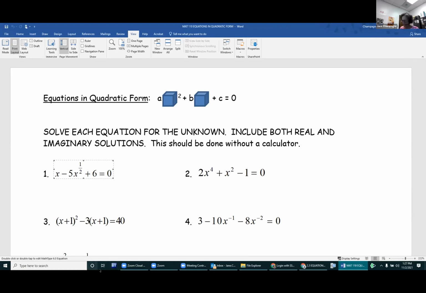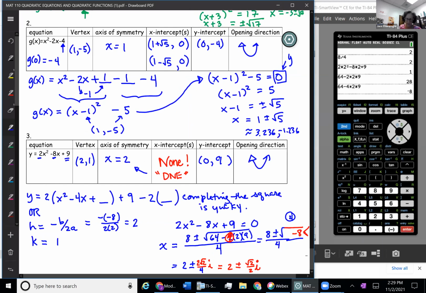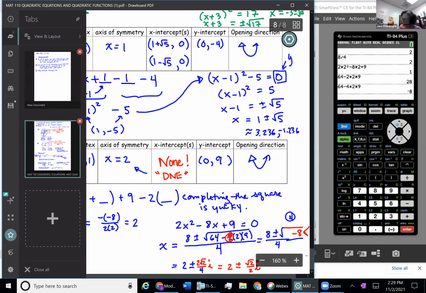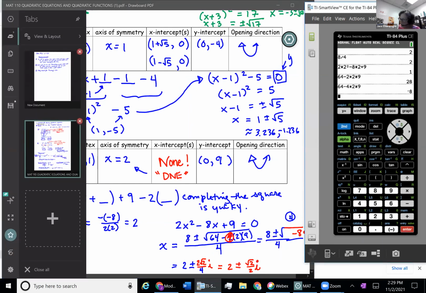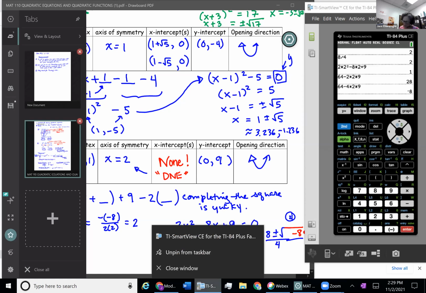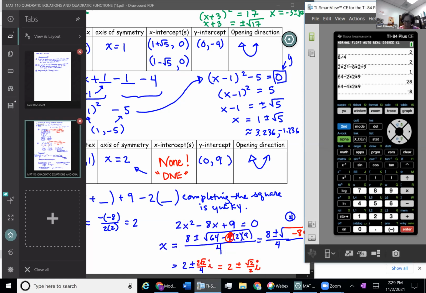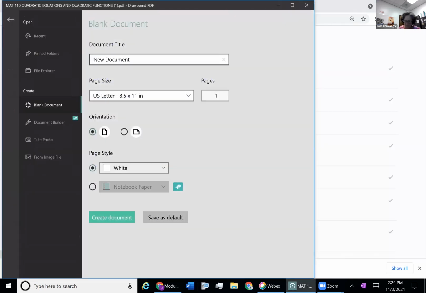So let me go ahead and share my screen here and show you that. Okay, so I'm going to actually start with a fresh piece of paper, and we don't need a calculator. You might have noticed that it said no calculator. Just turn this off here. Start with a blank document.